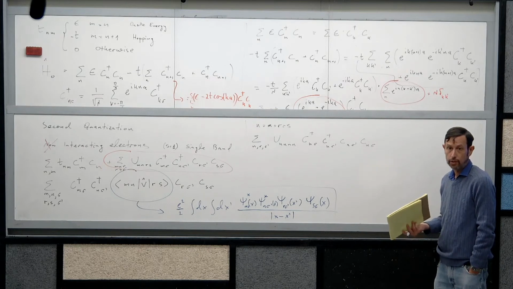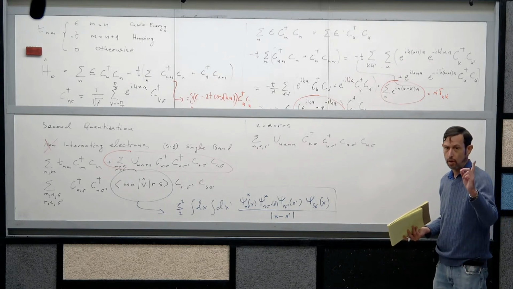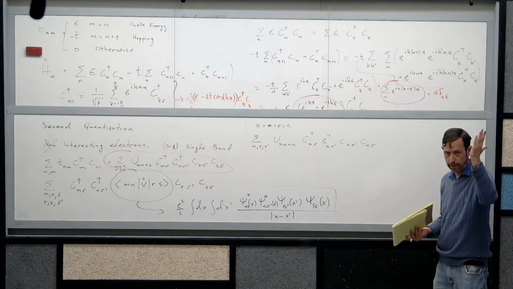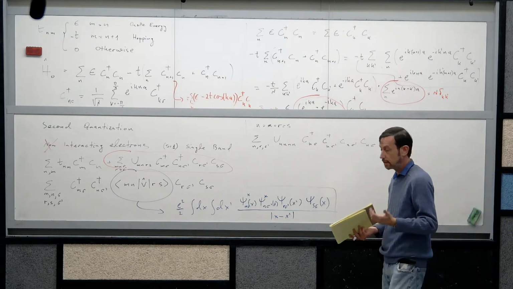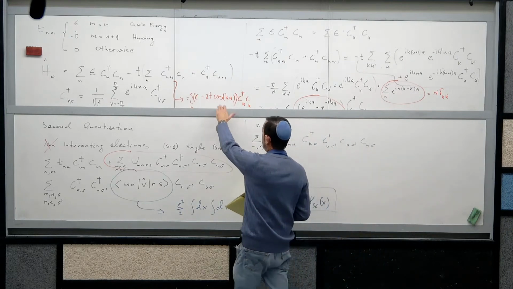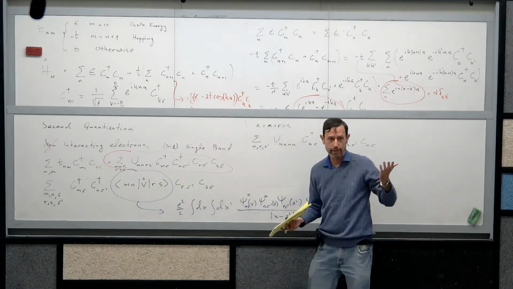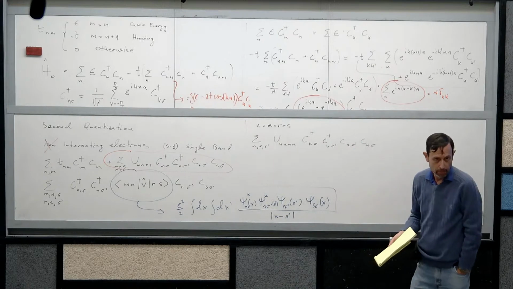Basically, only an additional summation on sigma. Since the hopping doesn't flip the spin, if I started with a spin up, I'll end up with a spin up, not down. So all I have to add here is an additional summation on sigma.